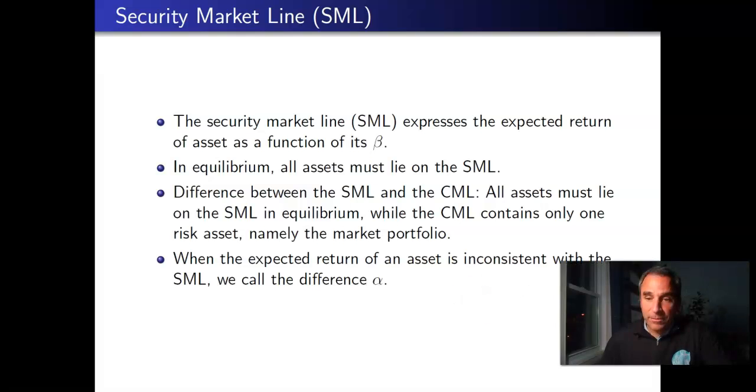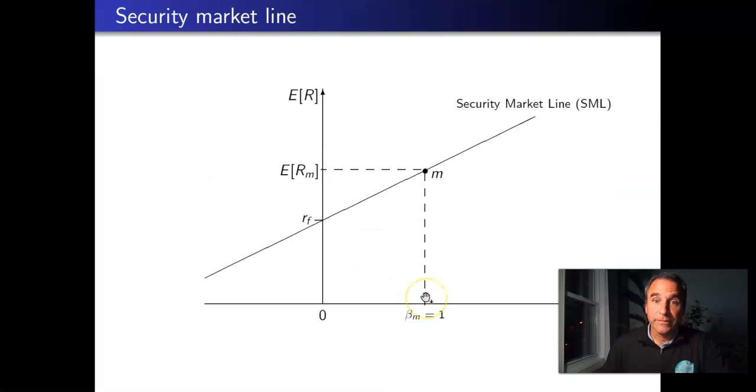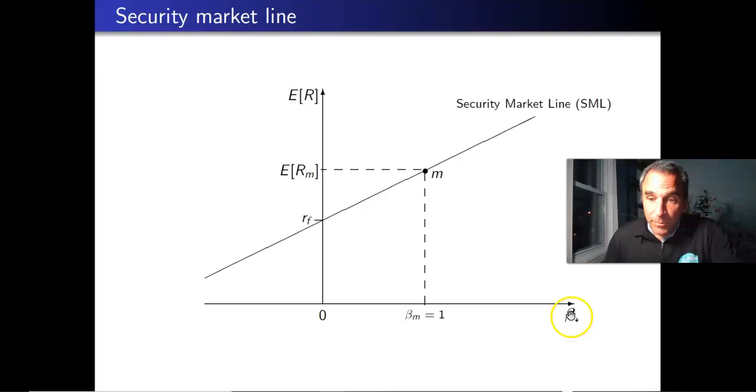The security market line gives us the relationship between the expected return of an asset and its beta. In equilibrium, all assets should be on the security market line. There's only one asset on the capital market line, the market portfolio, but all assets should be on the security market line.